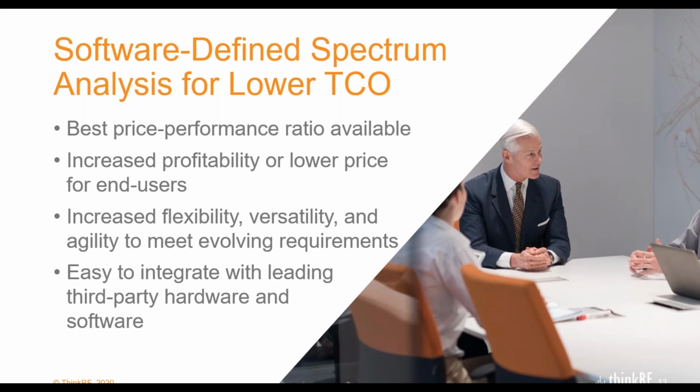And finally, not least, it improves the ability to integrate with the software that's out there that may or may not suit your needs, either needing third-party hardware or software requirements, or even having to develop your own software. It's a lot easier on a software-defined approach than any of the others. Next.